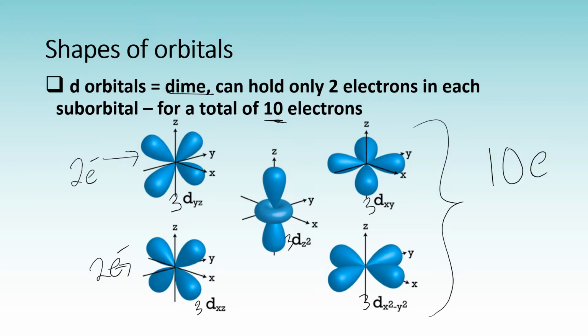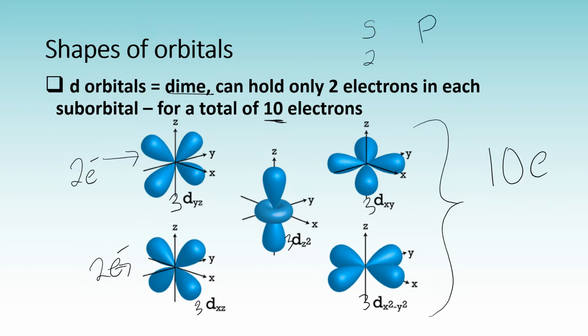When we go to the fourth energy level, that fourth ring, you can add another set of these d orbitals. So we'd have 4d and 5d and 6d, etc. We can keep adding those d orbitals as we go. So far, we've got our s orbital, which holds 2 electrons.